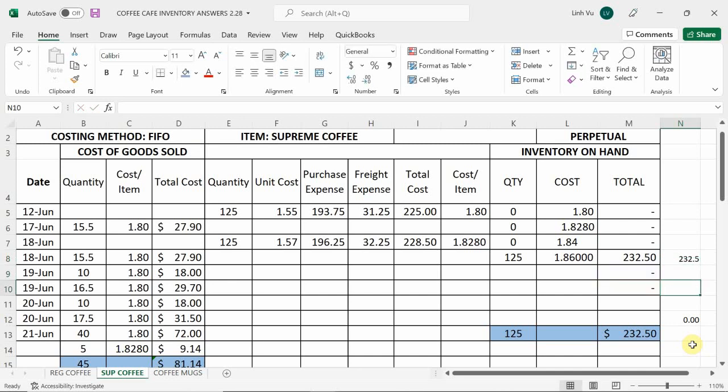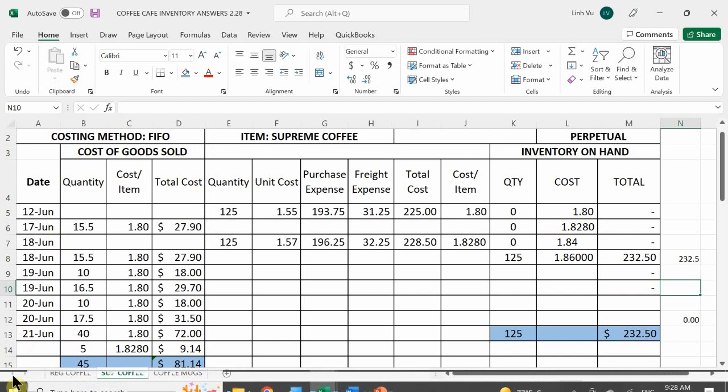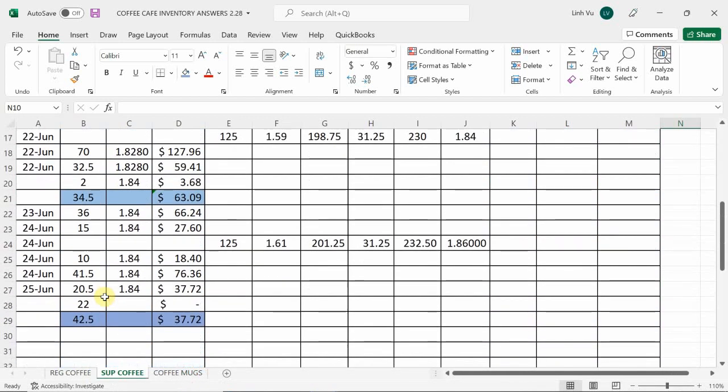So I'm at $232.50, and I have 125 pounds. I still need to utilize 22 pounds. And right now, my cost per item is $1.86.